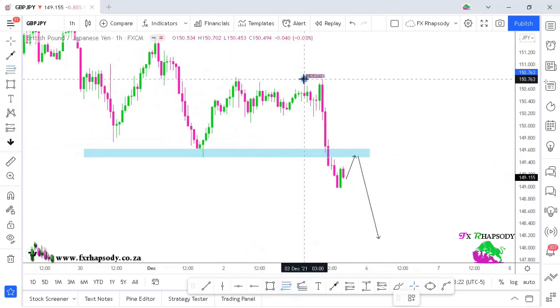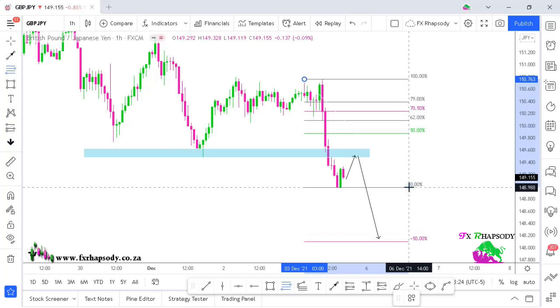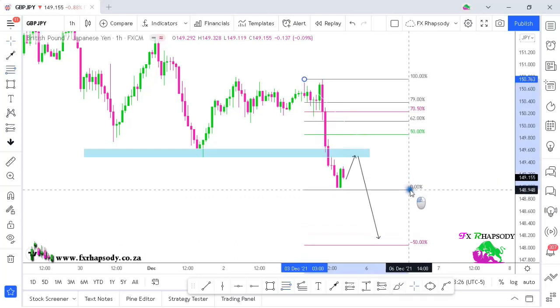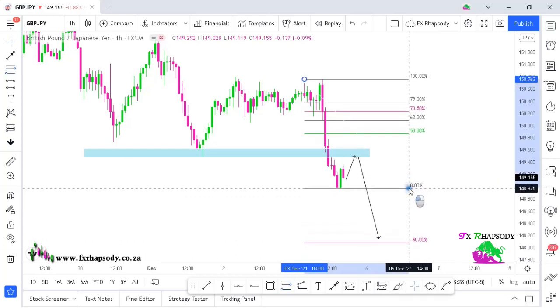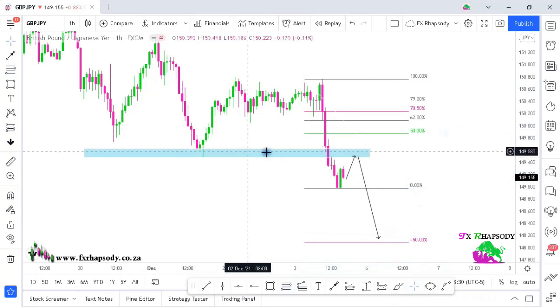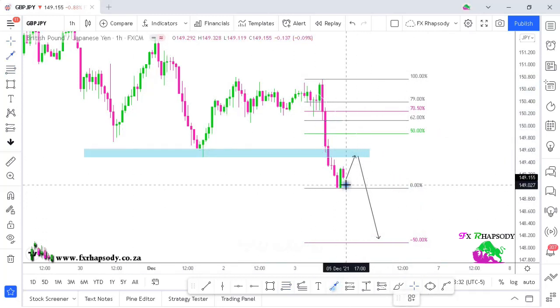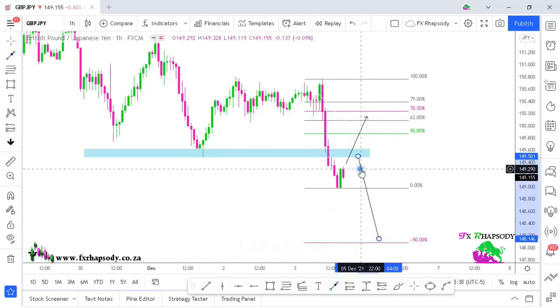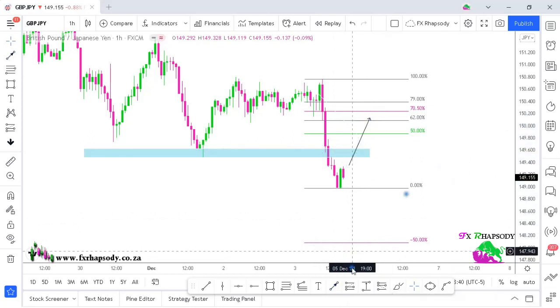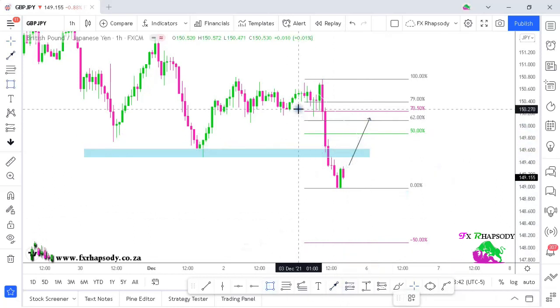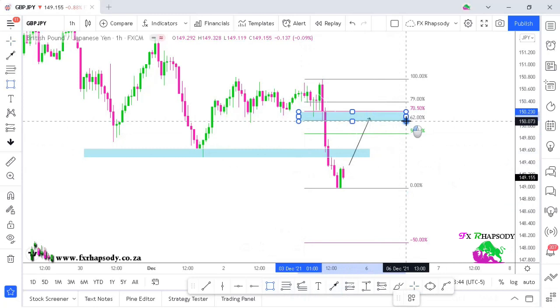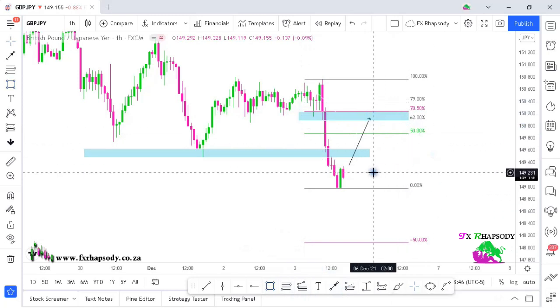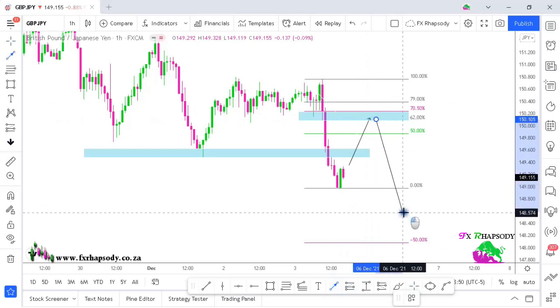If you draw your Fibonacci from the high to the low, okay, because this was also a nice key area of support, we obviously want to see price coming and retracing back to the 62% area. Let's take this out. So that is the area that I'm looking at for price to come and retest before I place any sells on this time frame.